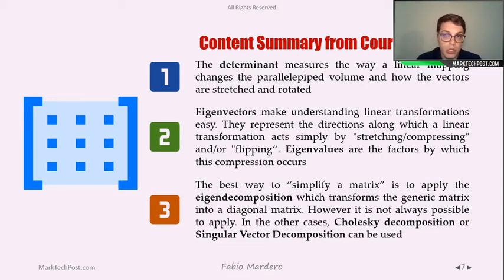The eigendecomposition is not always possible, so in other cases we can use, with square matrices, the Cholesky decomposition, and for generic rectangular matrices, we can use the singular value decomposition. Some machine learning models, in fact, are based on the singular value decomposition theory.